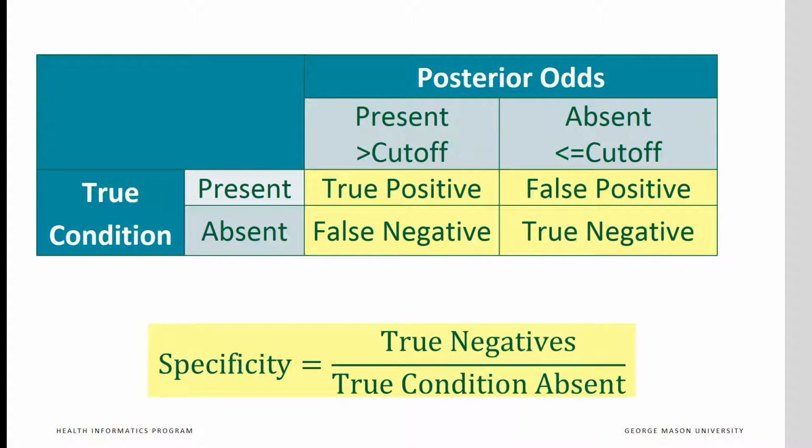A specific index has a high probability of predicting situations where the condition is absent. The specificity is the portion of the patients correctly classified among those who do not have the condition. The higher the specificity, the more accurate we are in predicting the absence of the condition.